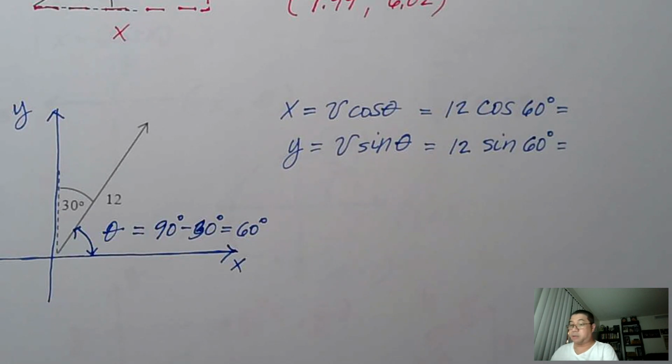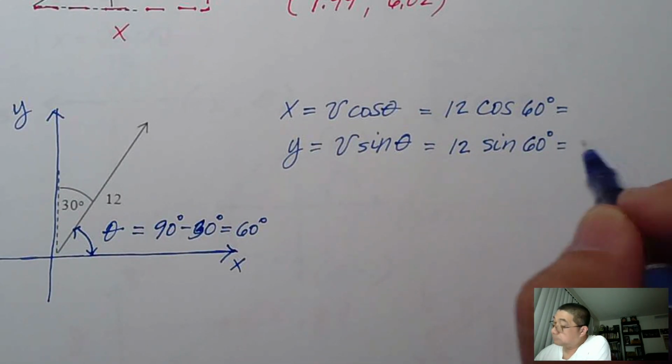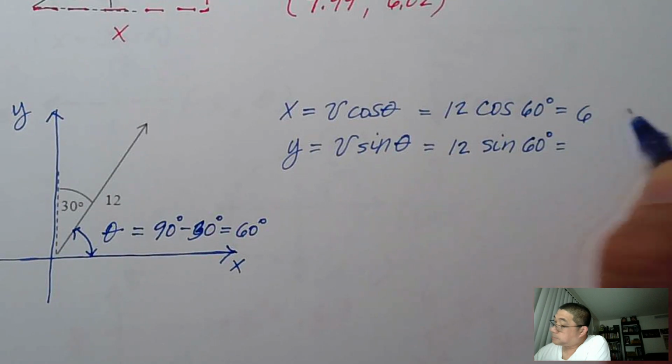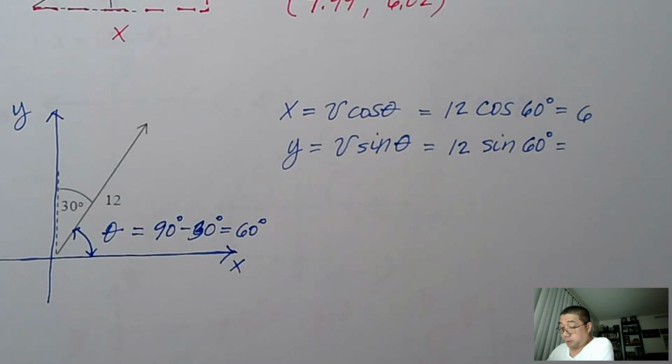So it's not as complicated. So that's cosine 60 degrees times 12. So that's 1/2, so that's 6. And then sine of 60 degrees times 12.